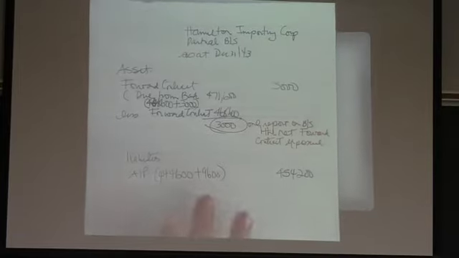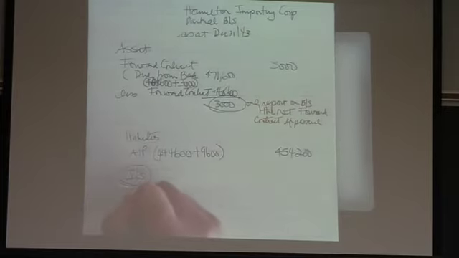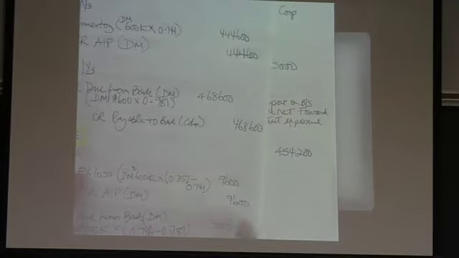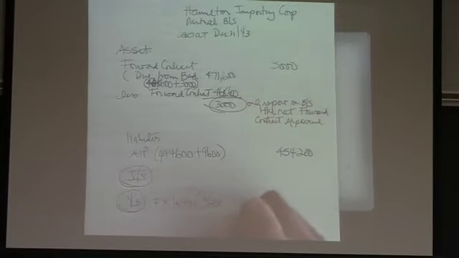Okay? Now, what about the income statement? For year 3, the FX gain or loss will be, in this case, a loss of 9,600 less the 3,000.